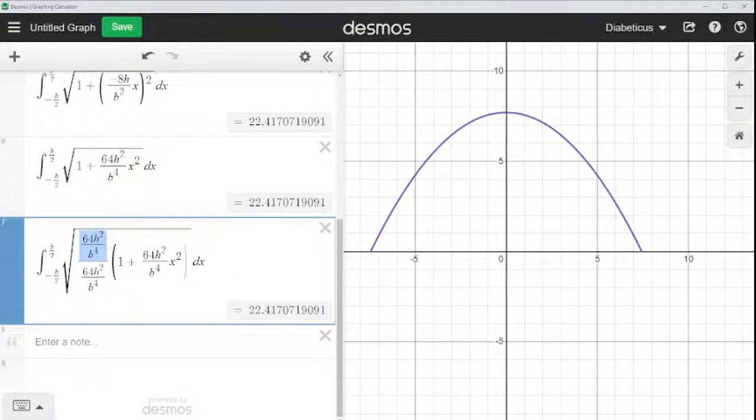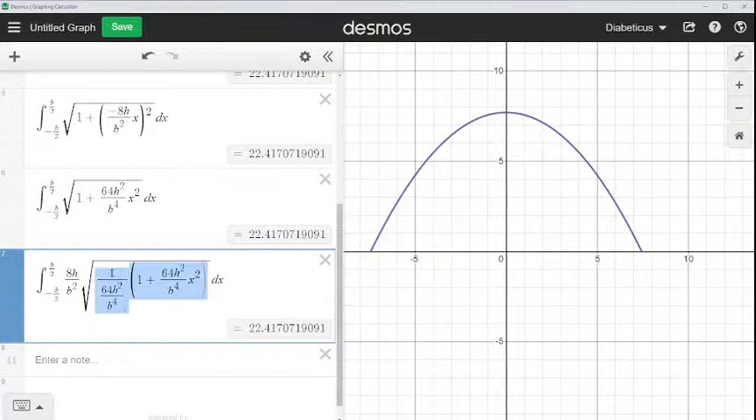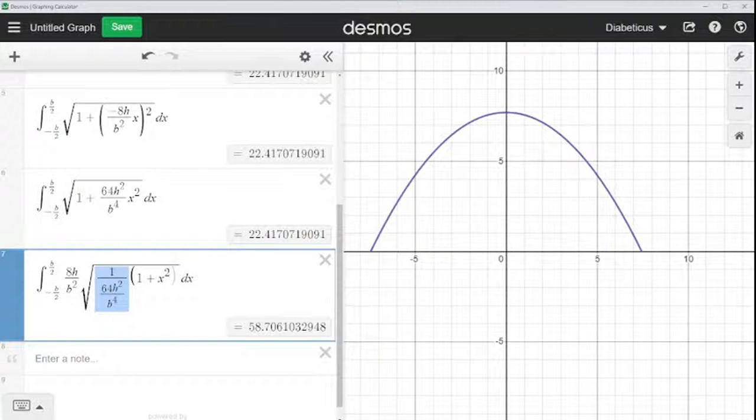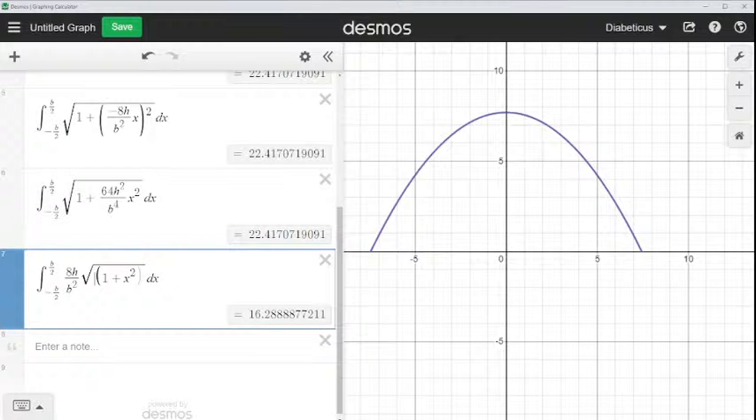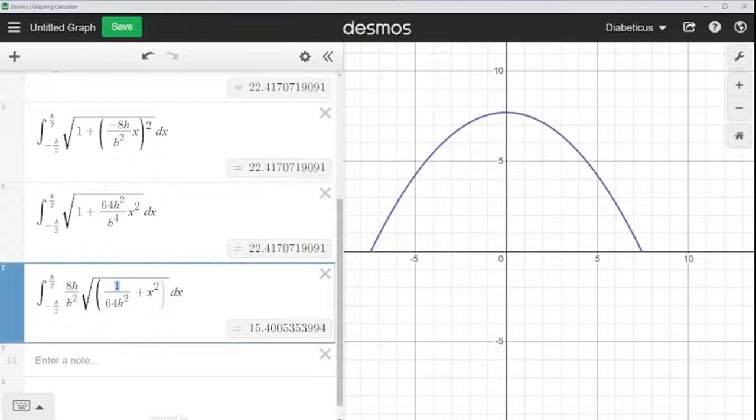I just extracted this from this. So this business here is gonna be h over b squared, right? And this guy is gonna cancel with this. And simplify this, it's gonna be a b to the fourth on the top.